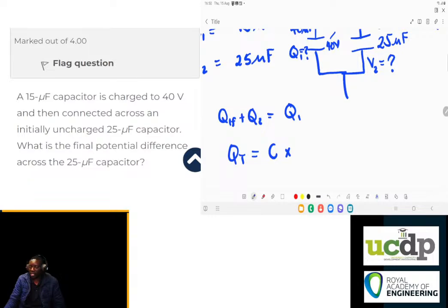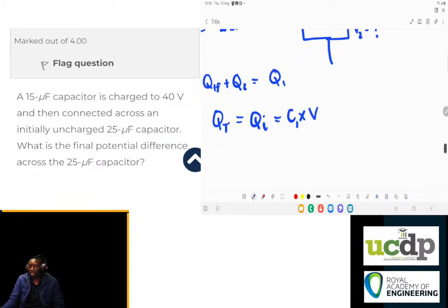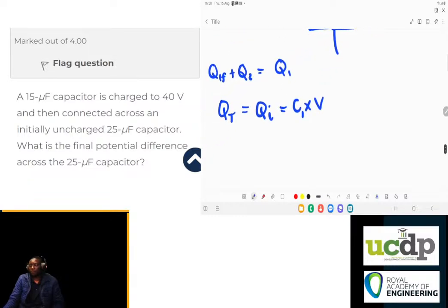So we should find the initial charge that was there. Total charge should be equal to Q initial, which is charge times voltage, which is C1 times its initial voltage. Is that what you mean? Yes, sir.